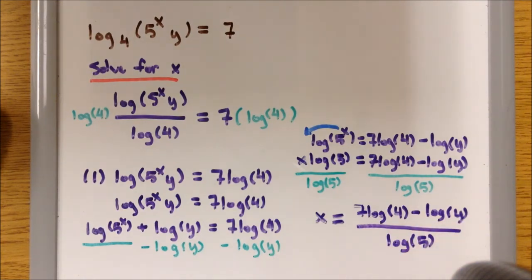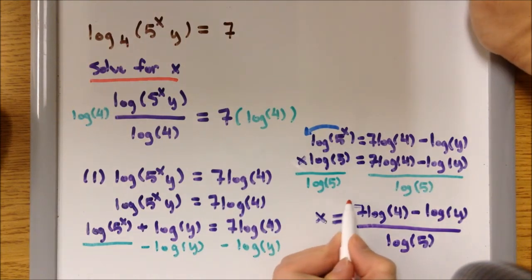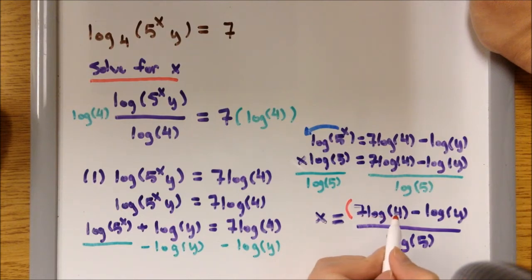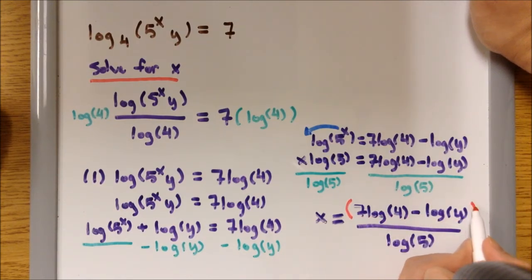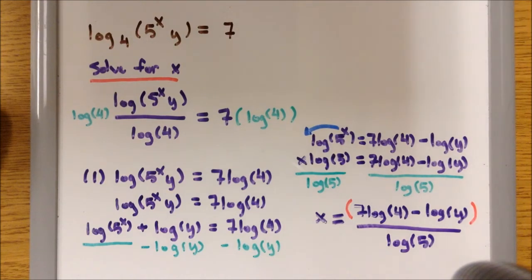Now, when you are typing this into the calculator, what you need to do is add in a set of parentheses on 7 log of 4 minus log of y, so that when you type it into the calculator it will follow PEMDAS. As always, it's programmed to follow PEMDAS. So if you put in a set of parentheses, it will do the operation on the top first before it's divided by log 5.